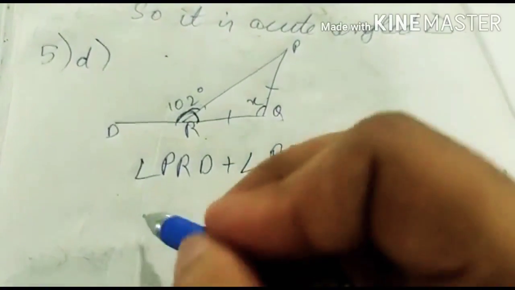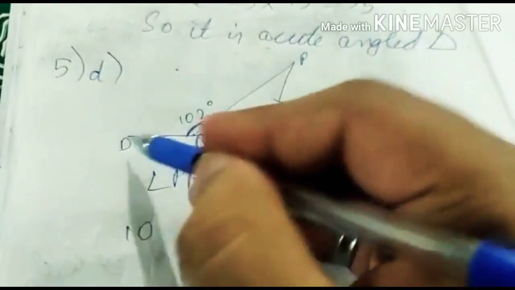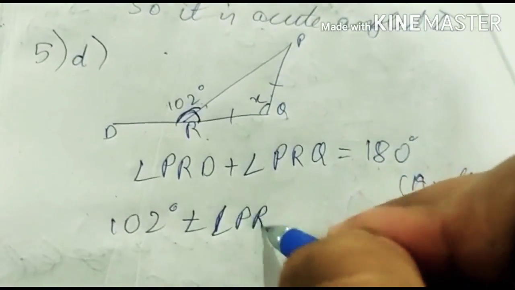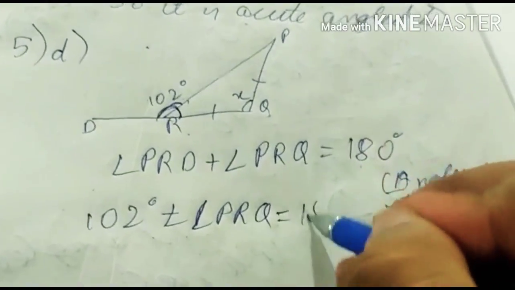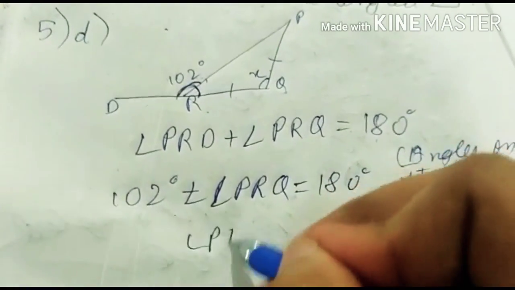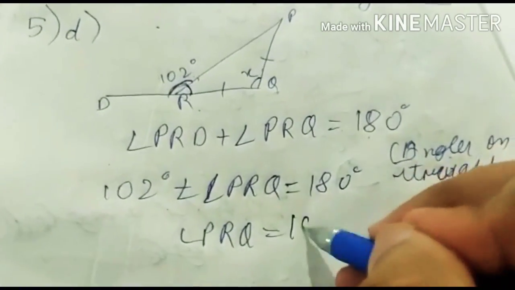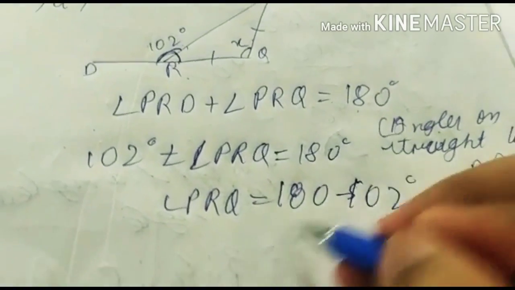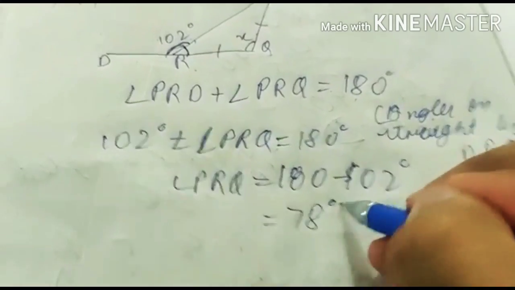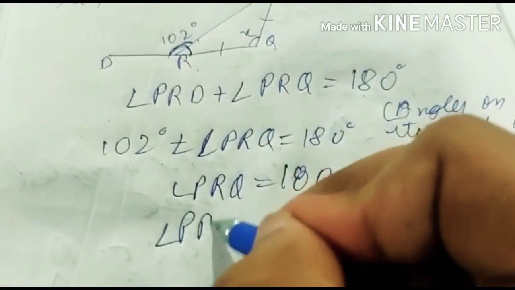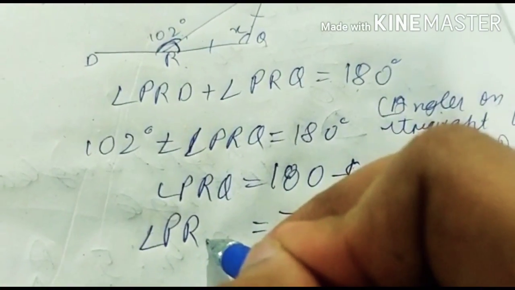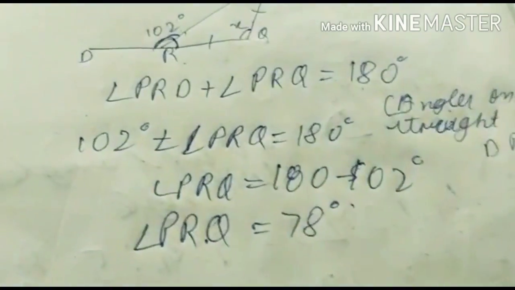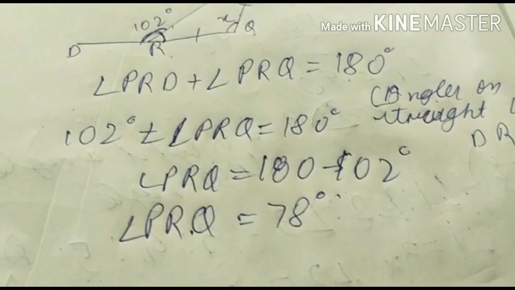Their sum is equal to 180 degrees. So PRD is 102 degrees plus angle PRQ, which is not known, equals 180 degrees. So angle PRQ is equal to 180 minus 102 degrees. This will be equal to 78 degrees. So angle PRQ is equal to 78 degrees.